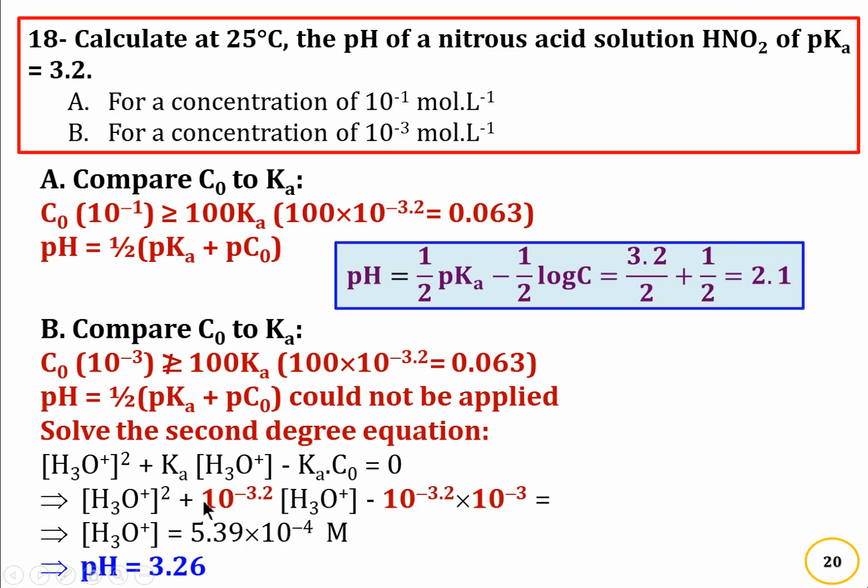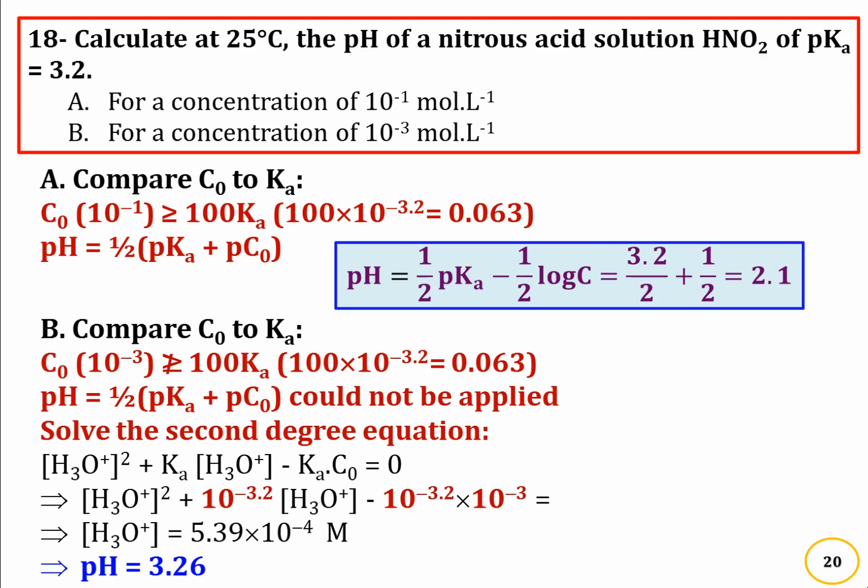So we put Ka by its value and C0 by its value, and we find that [H3O+] concentration at equilibrium equal 5.39 10 minus 4. pH equal minus log [H3O+] in the solution, so pH equal 3.26.